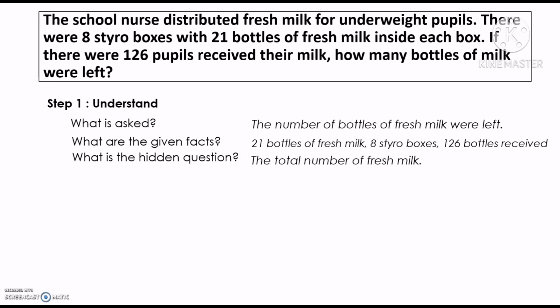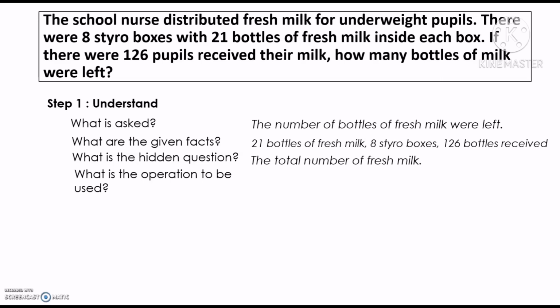Next step, we're going to find what operation we are going to use. From our ask, the total number of bottles of fresh milk left. From the word left, we can say that the operation is subtraction, right?